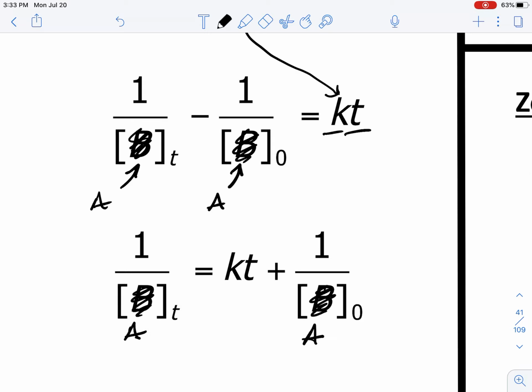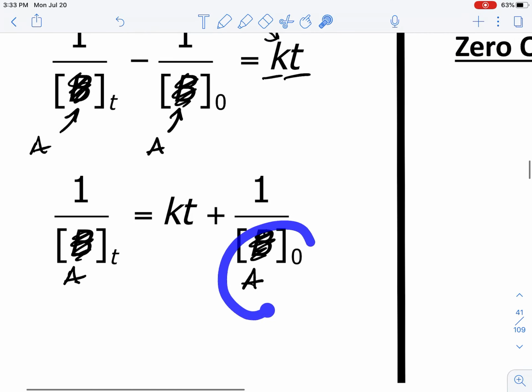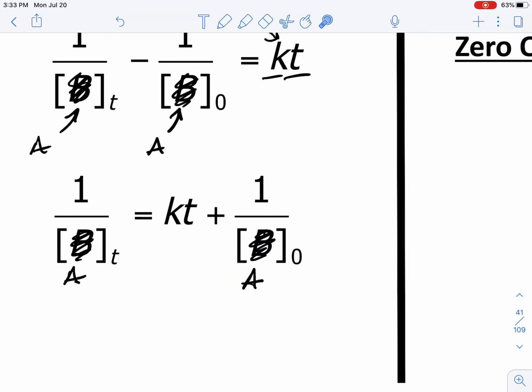This is the initial concentration versus the concentration of the reactant at some period of time. Same thing here, initial concentration, concentration of that reactant at any given period of time.